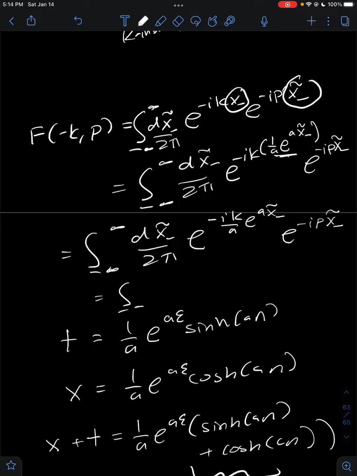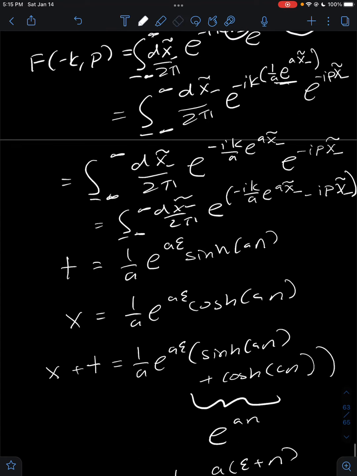So that's just going to give us e to the minus i k over a e to the a x tilde minus, minus i p x tilde minus.